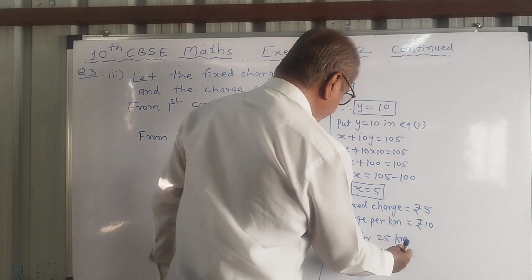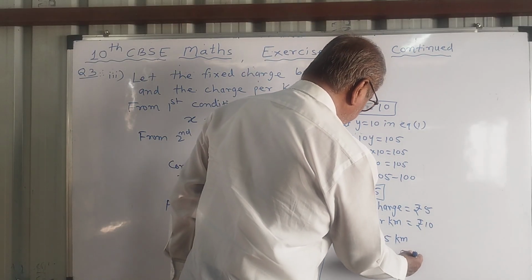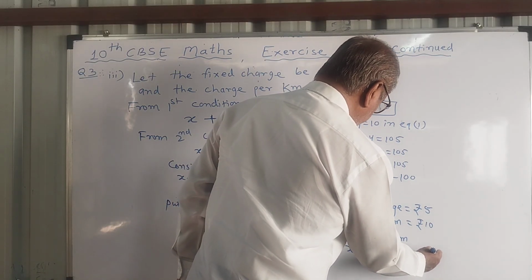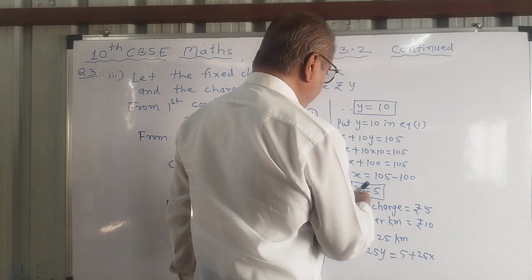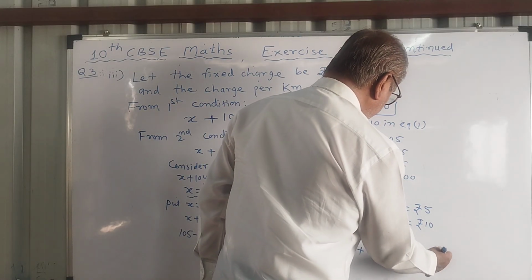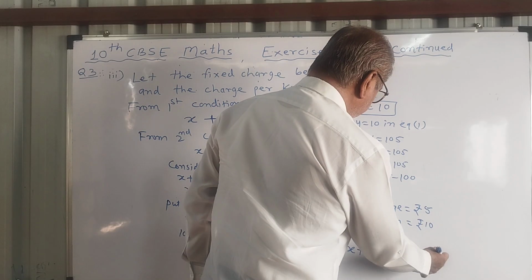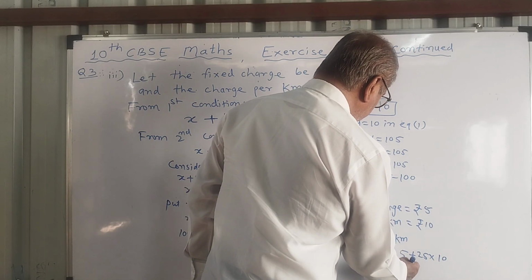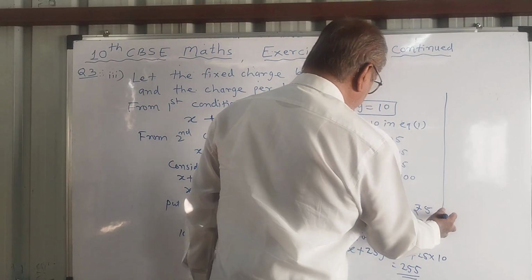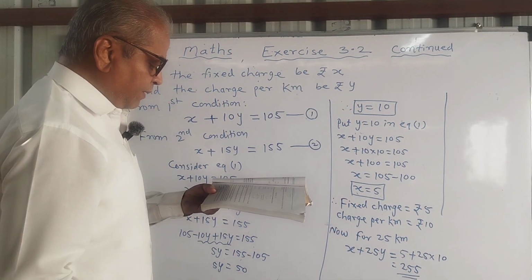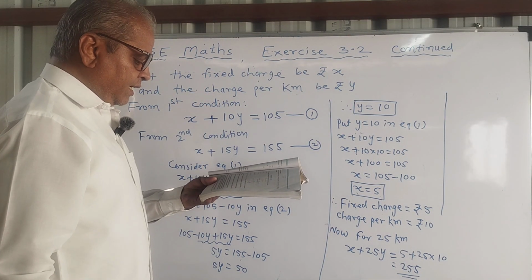So x is 5 plus 25 into, what is y? y is 10. So it will be 250 plus 5, 255.